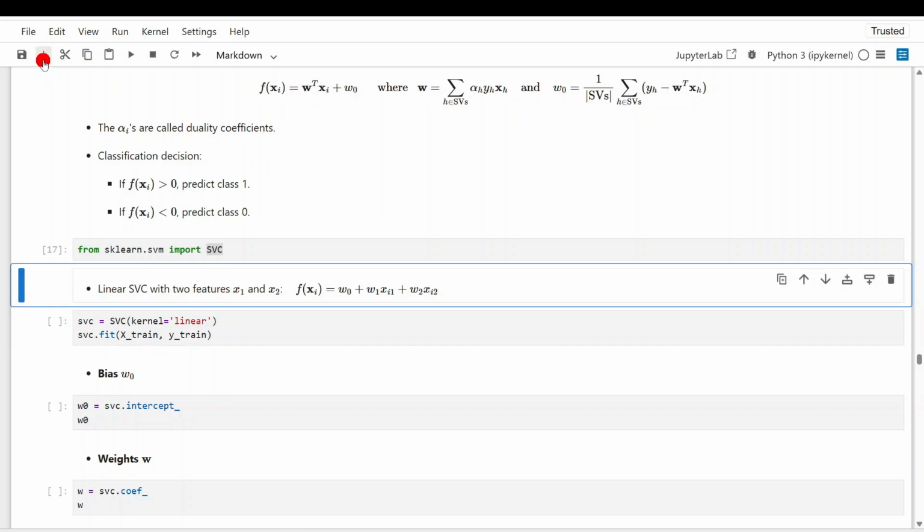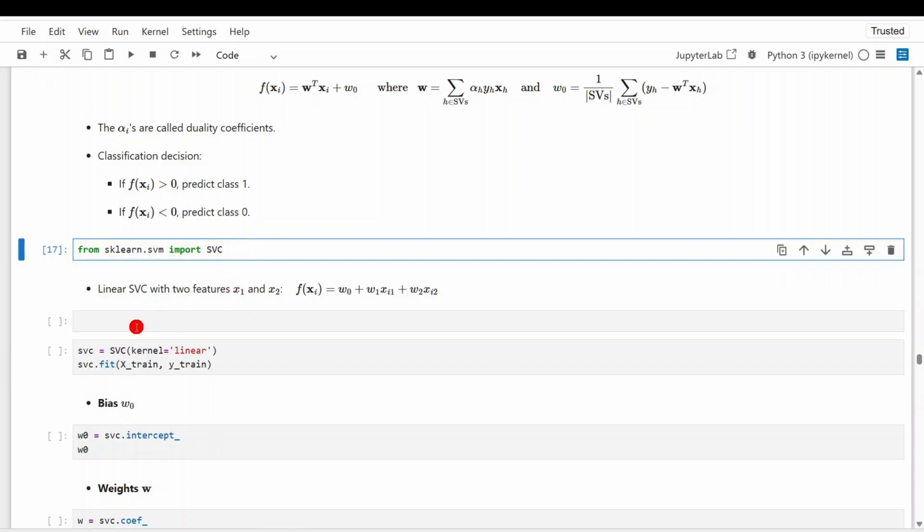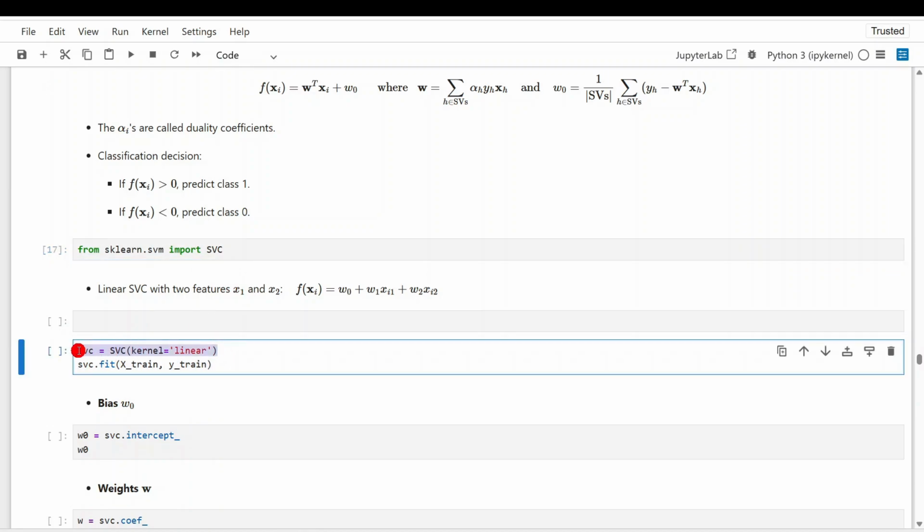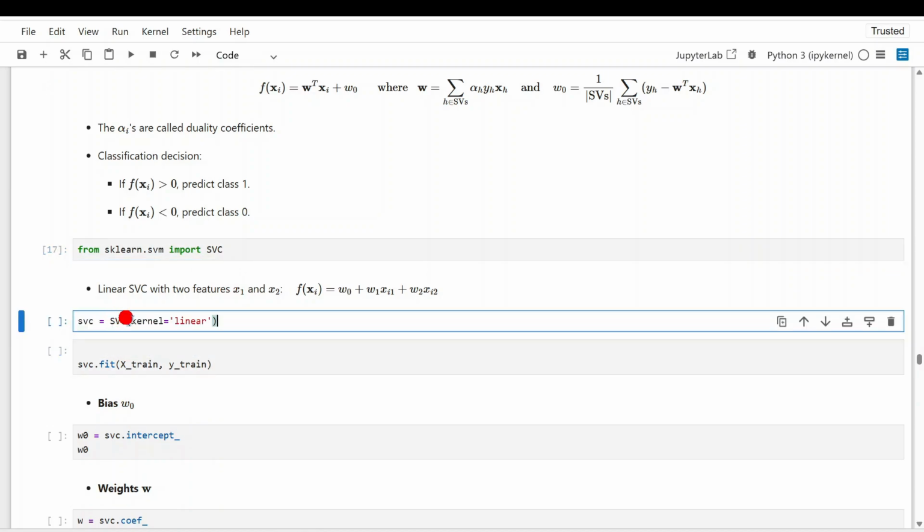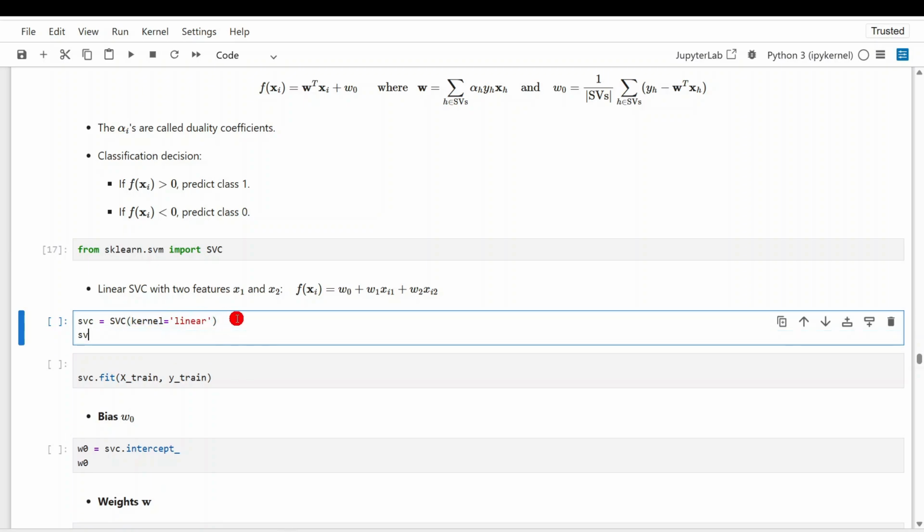So once we import the class SVC, we have to instantiate our model of interest, which is the support vector classifier. By default there is a linear kernel, but for now let's specify kernel equals linear, because we are focusing on the linear support vector classifier.